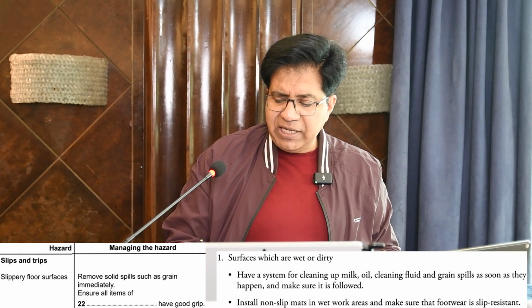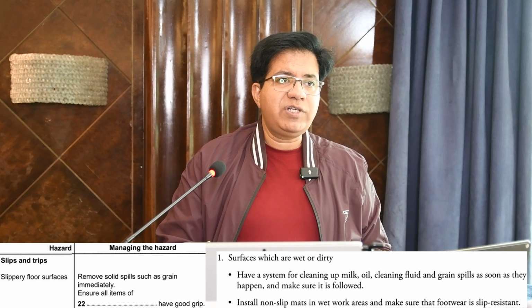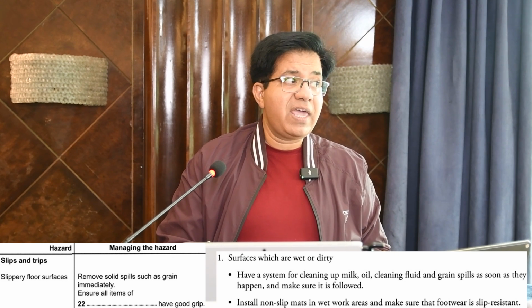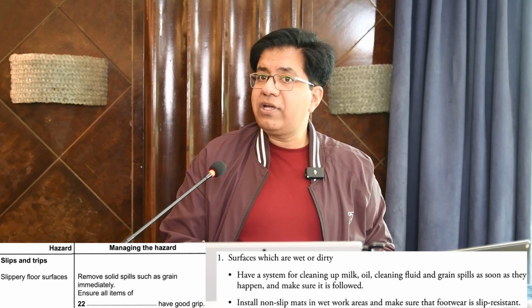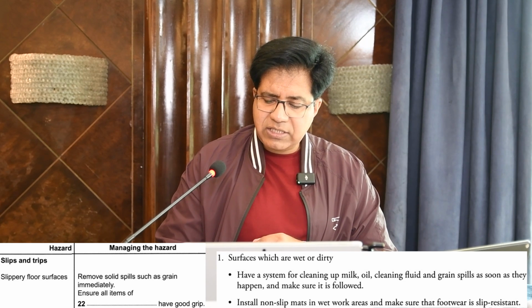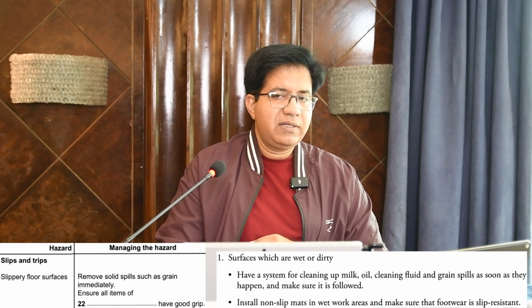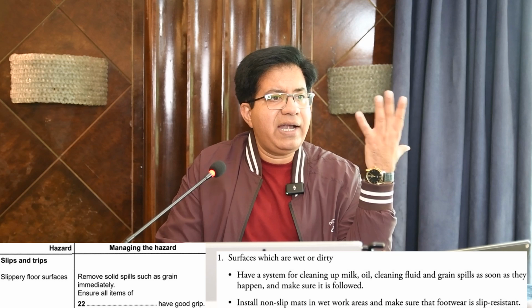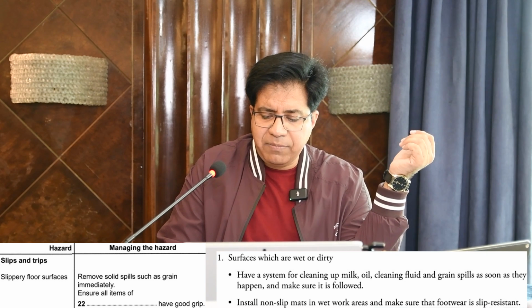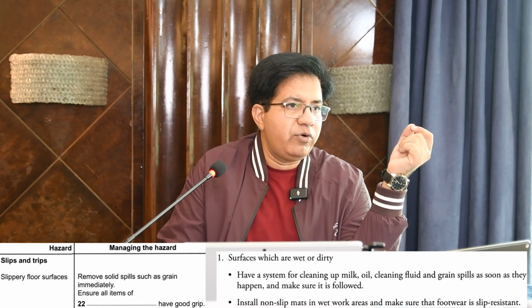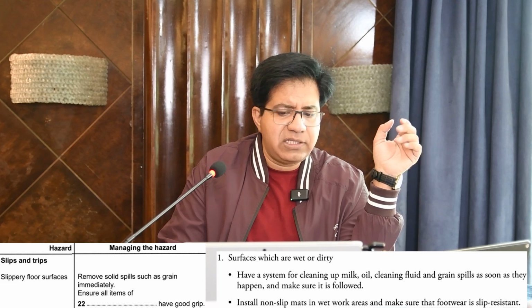Slip resistant means good grip. So what should be the answer? Footwear. Well done. For good grip, the word is slip resistant. Slip resistant and good grip, they are synonyms. Correct answer is footwear. Footwear can be anything like shoes, sandals and all that.